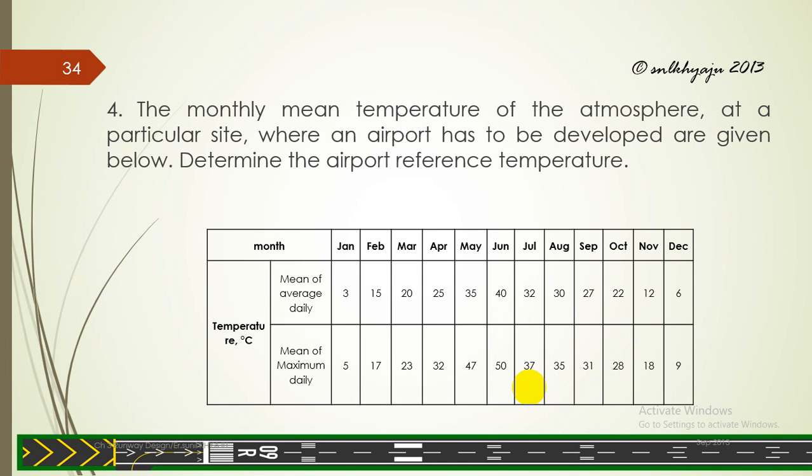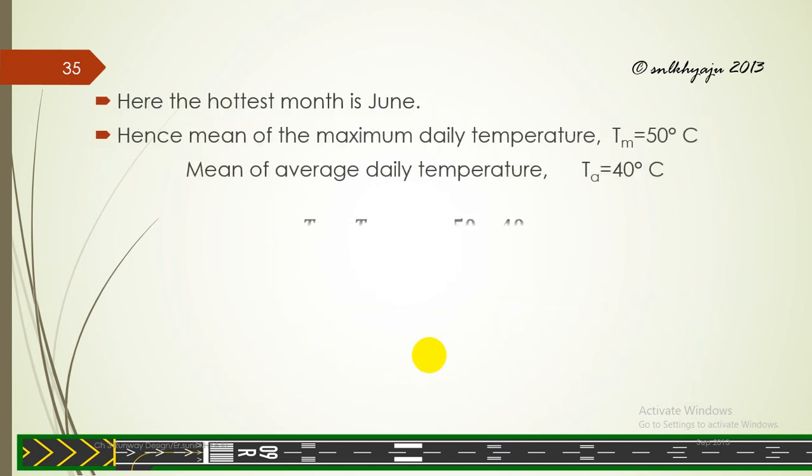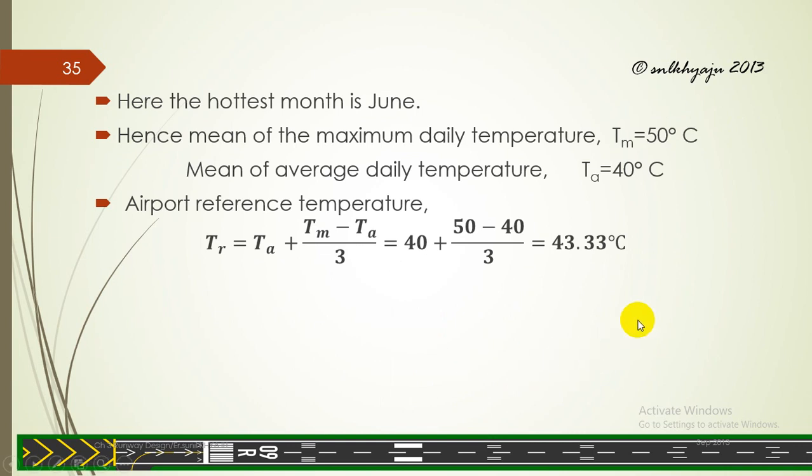The hottest month is June. That's why we take the mean of average daily temperature TA as 40 degrees Celsius, and the mean of maximum daily temperature TM as 50 degrees Celsius. Therefore the airport reference temperature is calculated as 43.33 degrees Celsius.